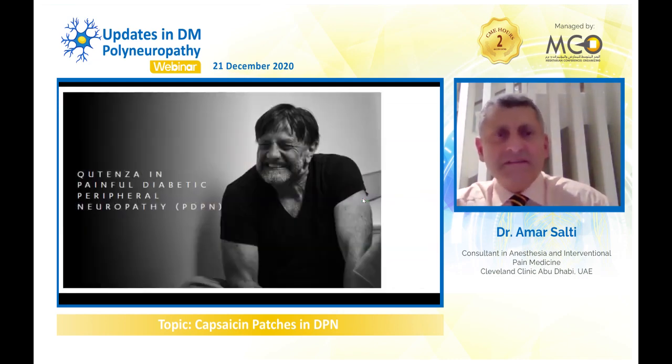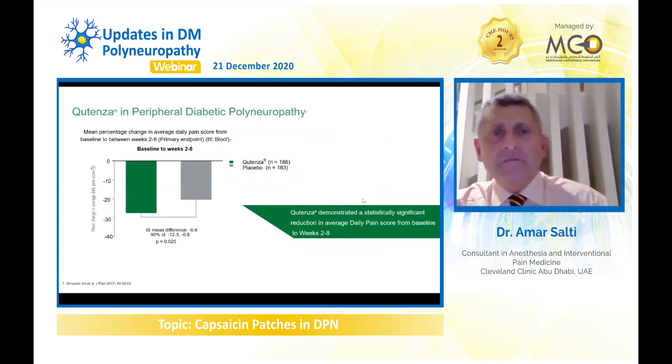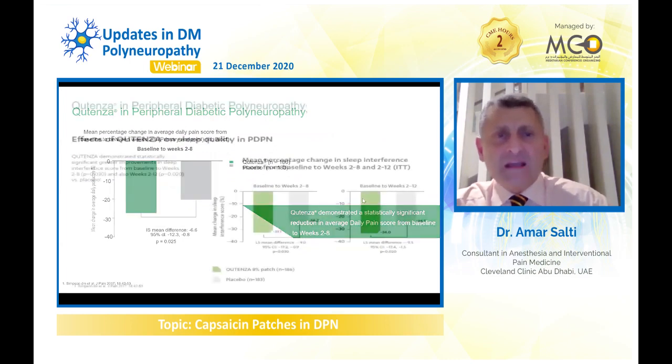So very quickly, some data on capsaicin for painful diabetic polyneuropathy. We know that neuropathic pain increases during the course of the disease. Qutenza in peripheral diabetic neuropathy leads to a statistically significant reduction in pain score from baseline, as shown in this paper.